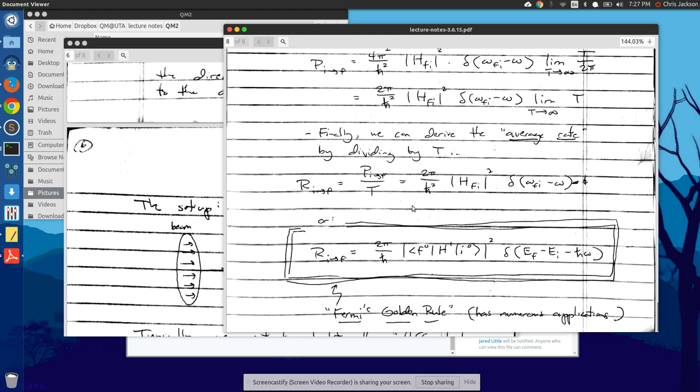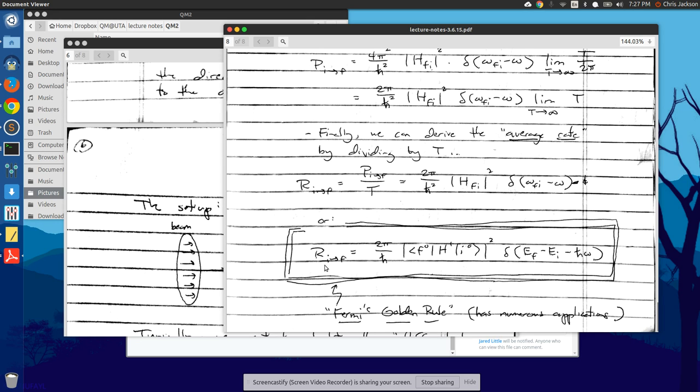And so what I end up with is just this prefactor again, the matrix element squared, and this delta function. And if I express this thing in terms of energies, then I can rewrite all this stuff like this. So this is the transition rate.